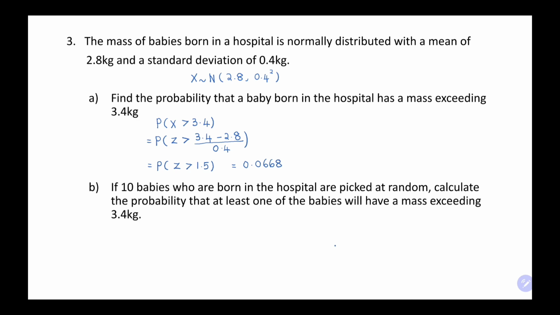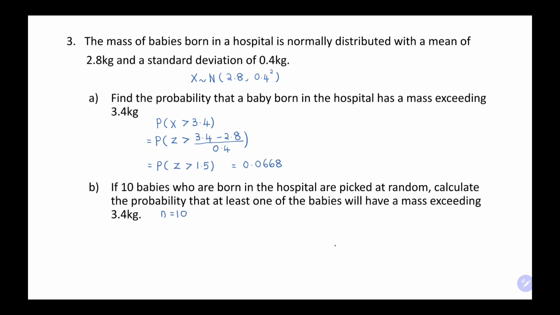Next question, B. If 10 babies who are born in the hospital are picked at random, calculate the probability that at least one of the babies will have a mass exceeding 3.4 kg. The question gives the total babies as 10, so n equals 10.